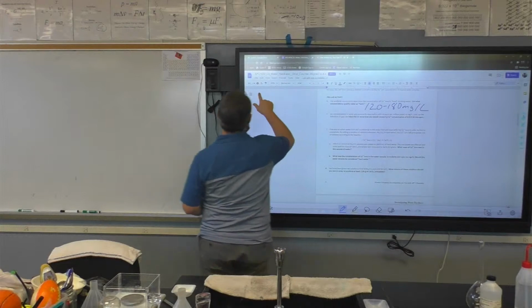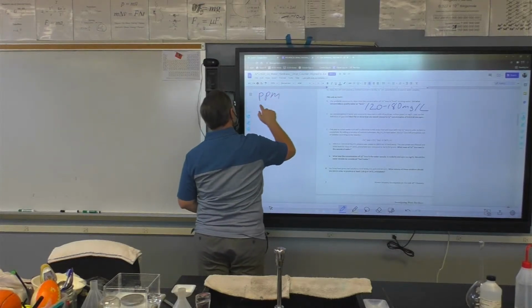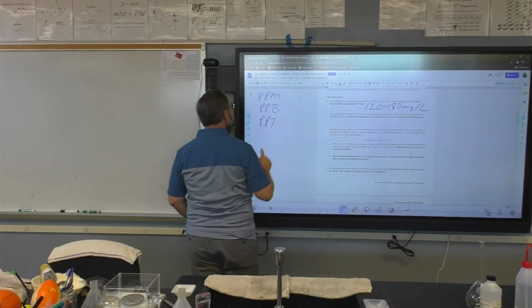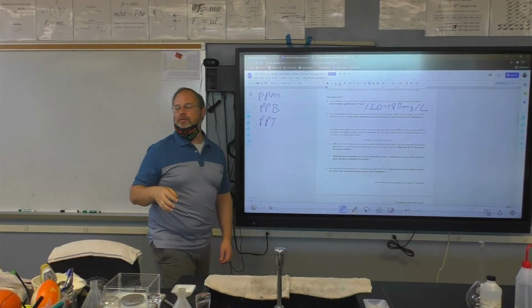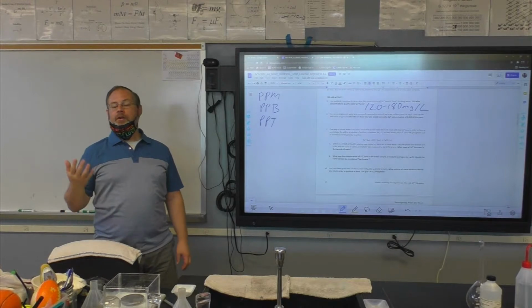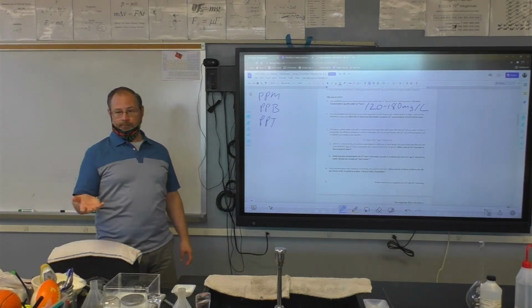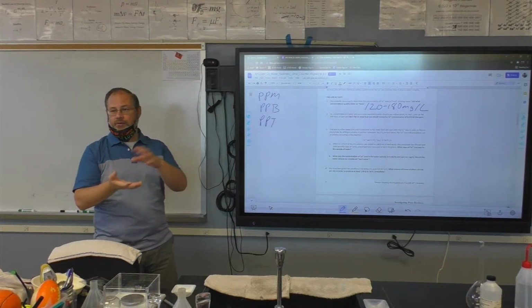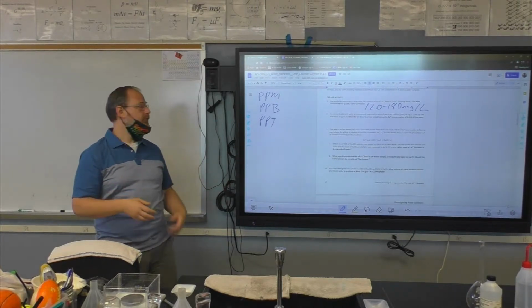When you see these things, part per million, part per billion, and there's even part per trillion, what they're referring to is the number of grams of the pollutant to the number of grams of the solvent. So remember, the solute is the thing that gets dissolved in, and the solvent is the stuff that does the dissolving and the solutions together.